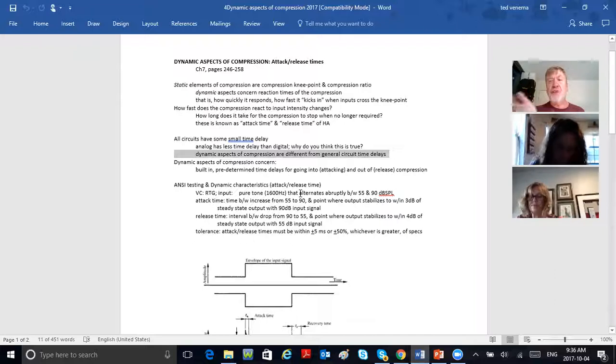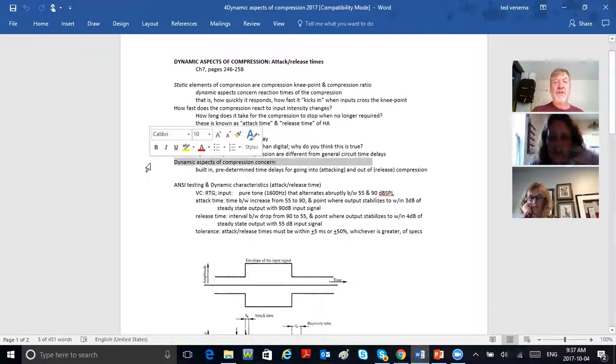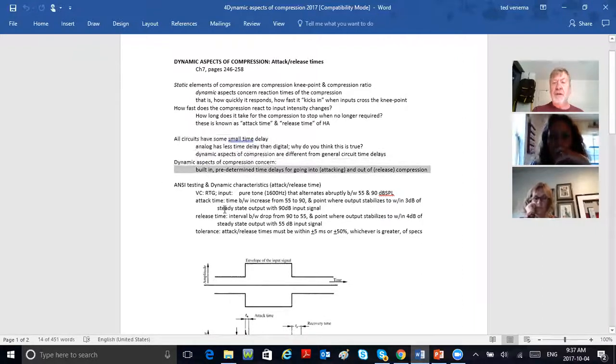All circuits have a time delay in them, but here we're talking attack and release time. We're talking deliberately set times that the manufacturer has chosen to put into their hearing aids. The dynamic aspects of compression concern built-in, predetermined time delays for going into attacking or going out of releasing from compression. And I'm just reading.